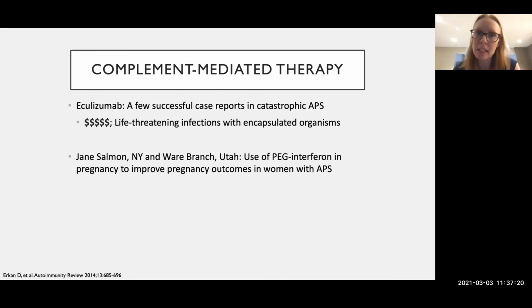Dr. Salmon and Dr. Branch are looking at using pegylated interferon in pregnancy to improve pregnancy outcomes in pregnant women with APS. So targeting other aspects of that inflammation, complement inflammation, to see about improving pregnancy outcomes.